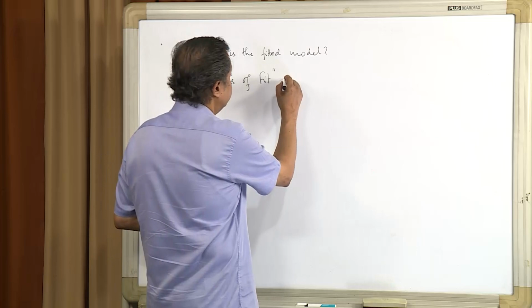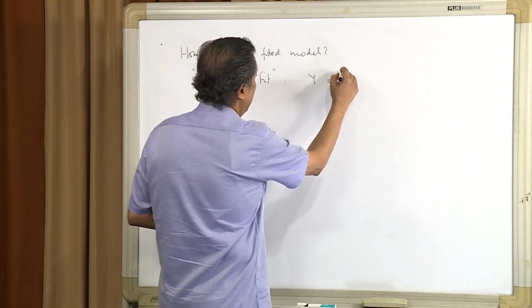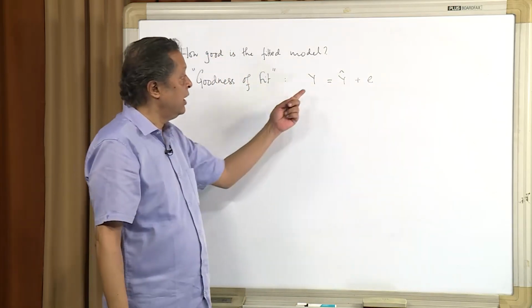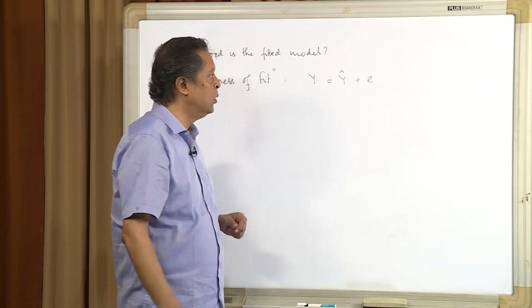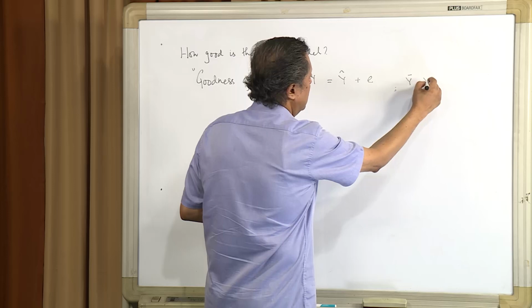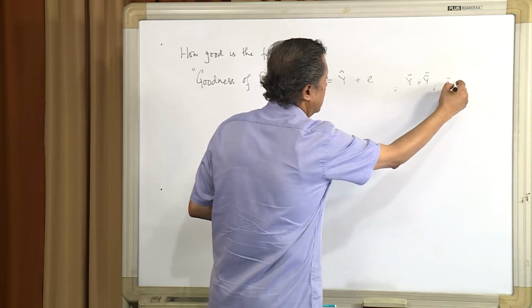So we know that Y = Y hat + e, and these are all vectors, plus we know that Y bar = Y hat bar and e bar = 0.